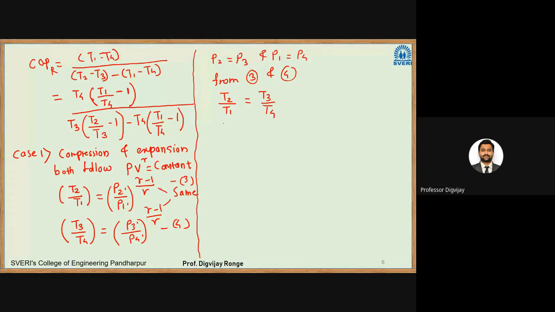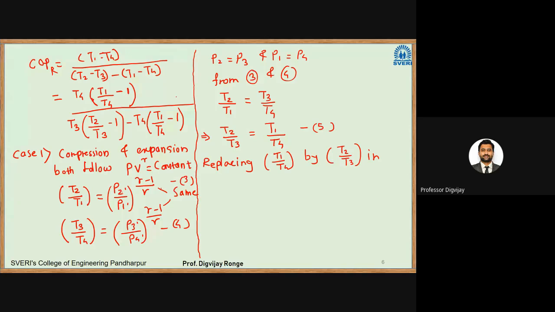When I rearrange this, taking T3 here and T1 there, it will be T2 by T3 is equal to T1 by T4. This will be expression 5. Now I will replace T1 by T4 by T2 by T3 in this expression.